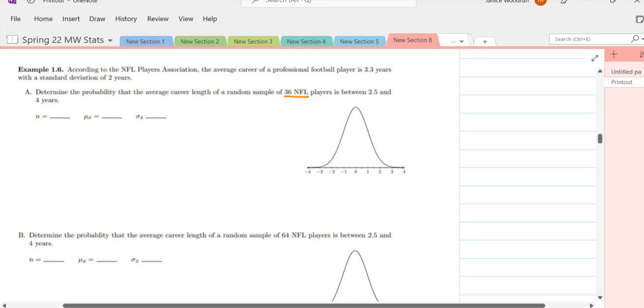Okay, so let's find our numbers. We have a sample size, 36. You have a mean of 3.3 years. Standard deviation of the sample size is 2 divided by the square root of 36.